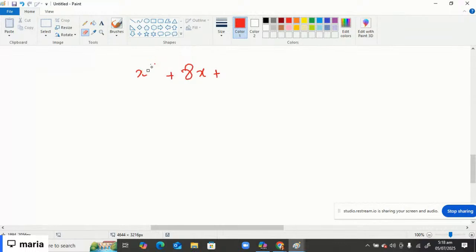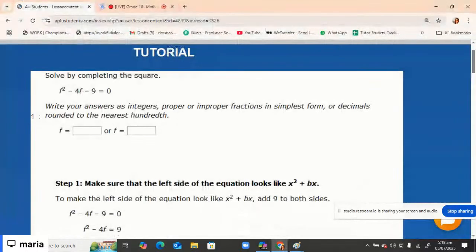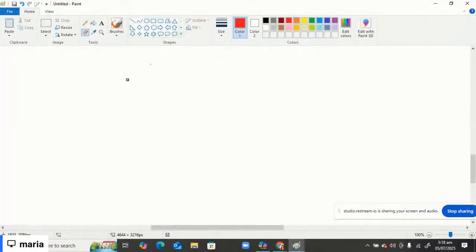No, let's take another. Not x square terms. Let's take this question: f square minus 4f minus 9 is equal to 0.